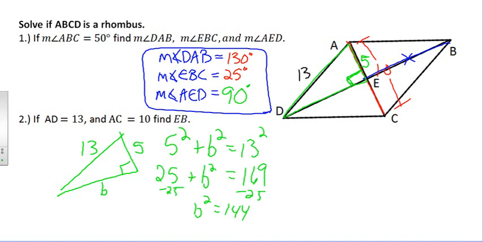I subtract the 25 from both sides to get b squared is 144, and then when I square root, I get b is positive or negative 12. In this case, we're talking about length, so I only want the positive one. Now I know that the third side here is 12. So on my picture, that's length DE being 12. Well, if DE is 12, I know that EB is also 12, because again, the diagonals bisect each other. Those two segments are congruent to each other.